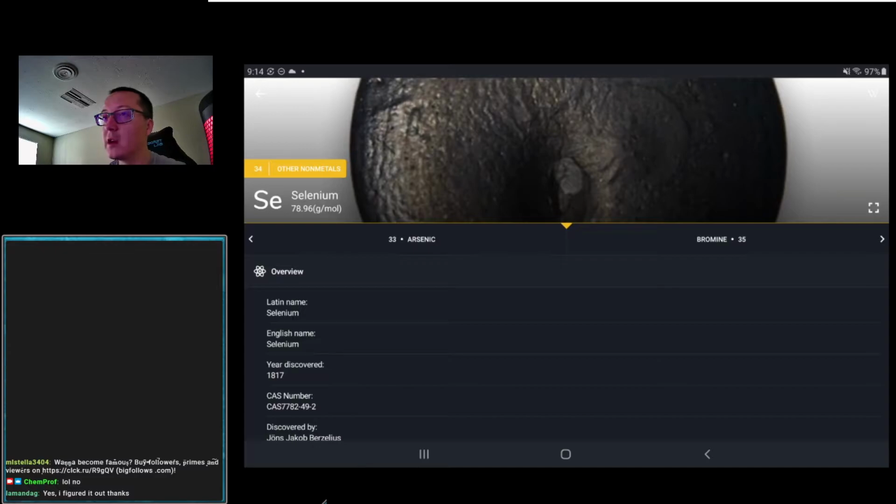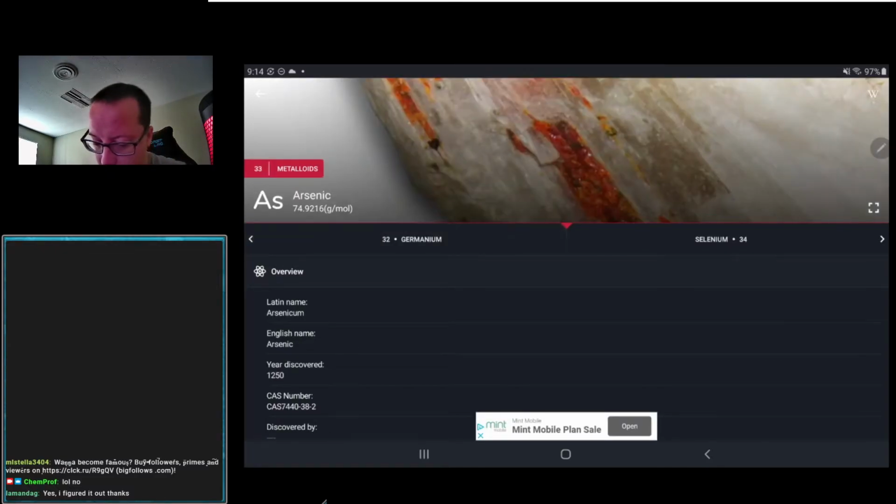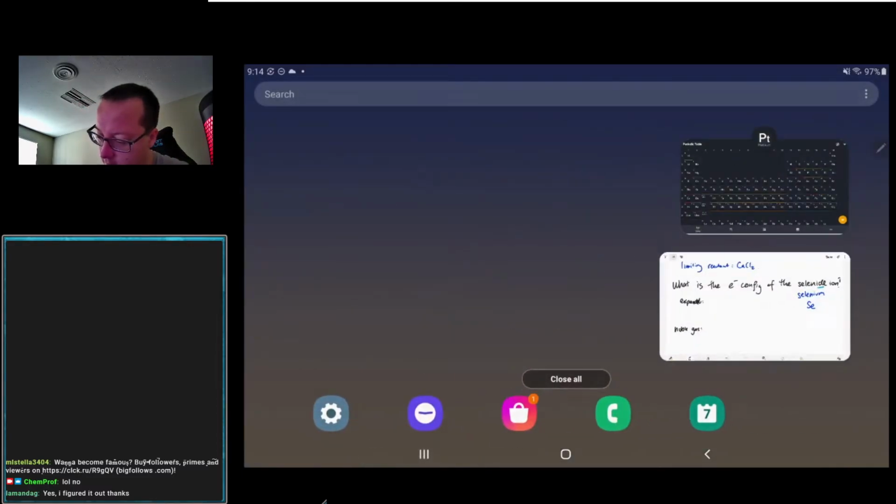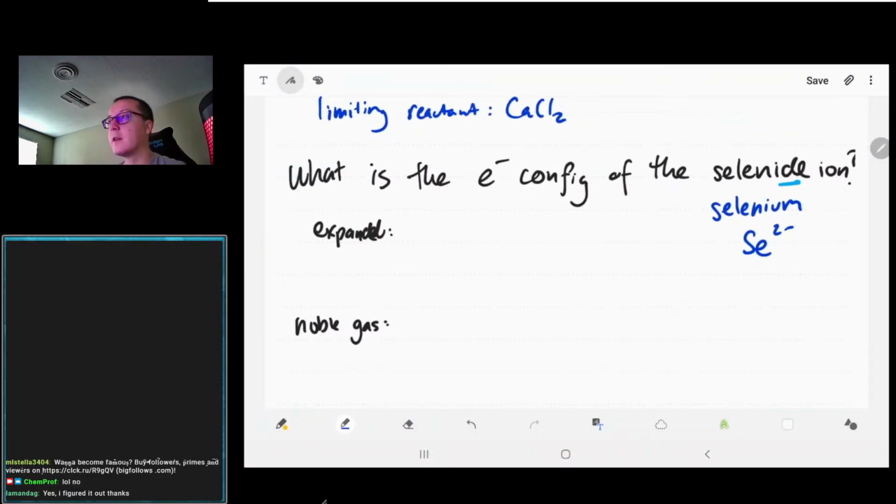Selenium, as we can see, is in group 6 or 16. So that tells us it has 6 valence electrons normally. So it's going to be looking to gain 2, right? So selenium would normally take a -2 charge.